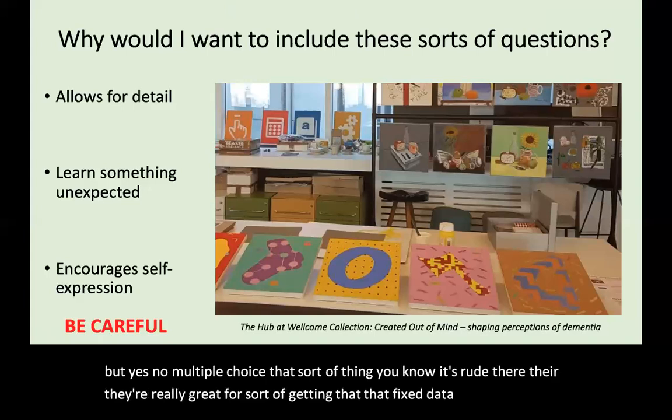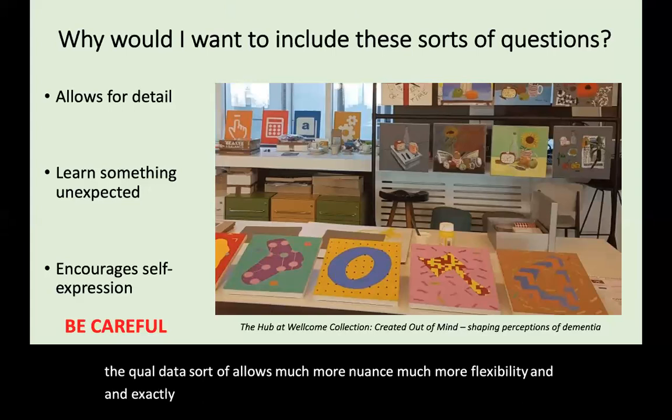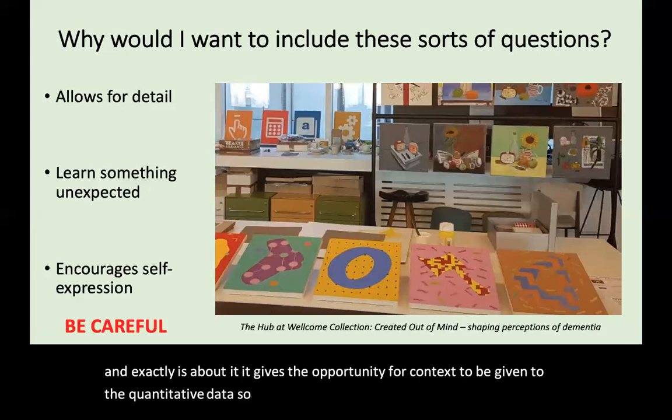But the qual data allows much more nuance, much more flexibility, and exactly, Isabel, it gives the opportunity for context to be given to the quantitative data. So absolutely, the context is really, really important here.